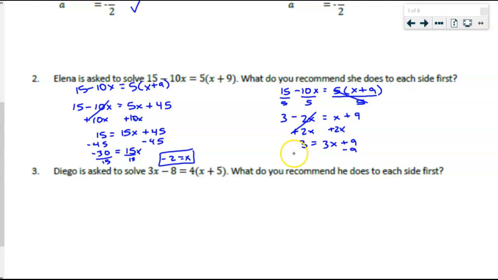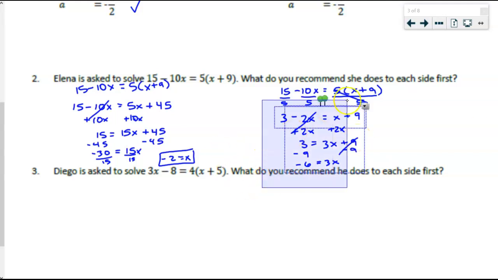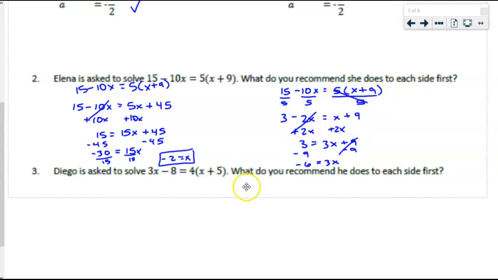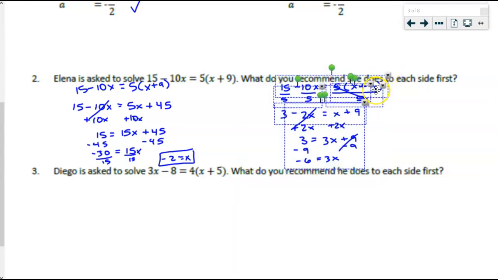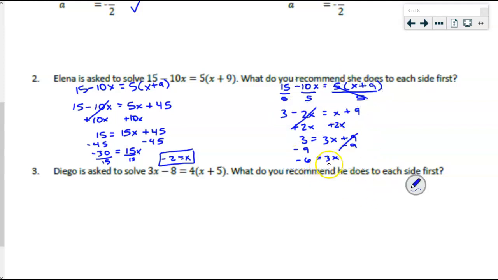Subtract 9 from each side. Now I have negative 6 is equal to 3x. We're going to divide each side by 3 and end up with the same answer that we did doing it the other way. And we get negative 2 is equal to x.